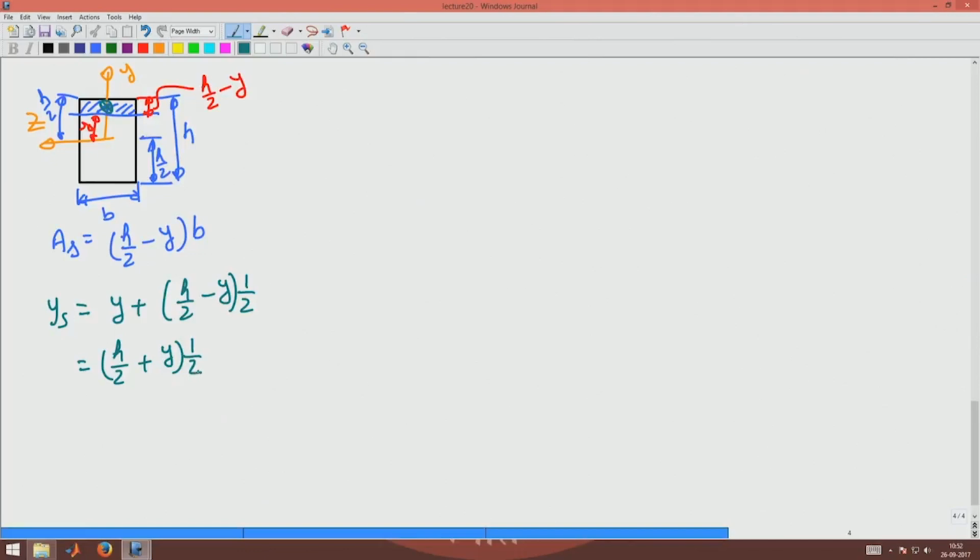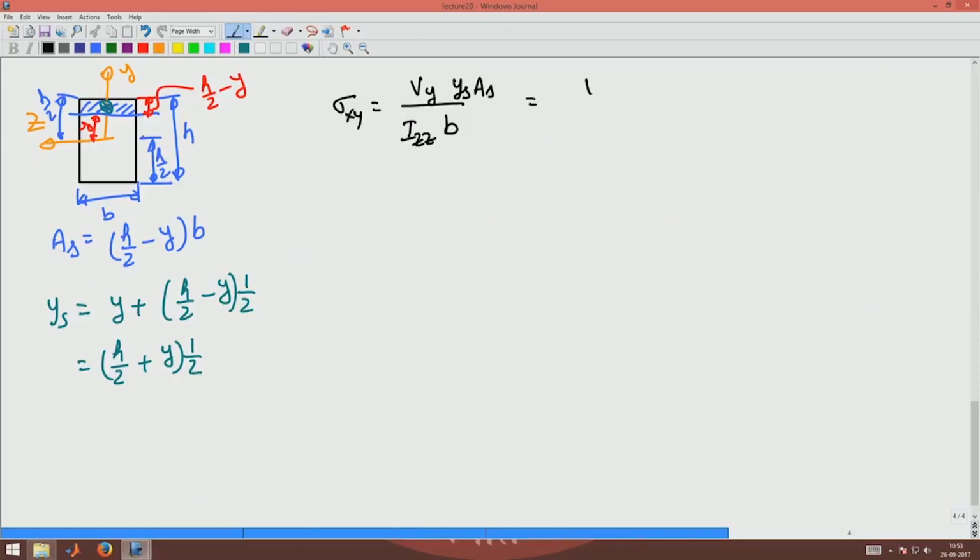Now, what is the shear stress? Sigma xy from our previous expression is Vy by Izz into B, where B is the width of the section at the location where we are finding the shear stress, into Ys into As.